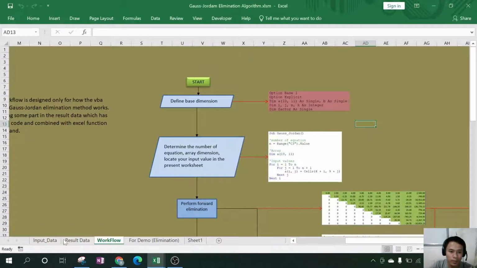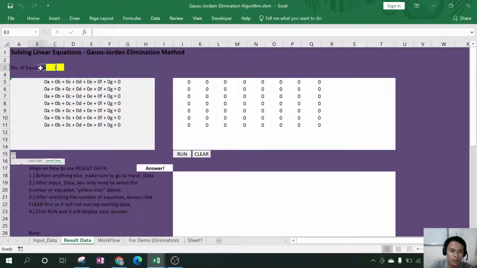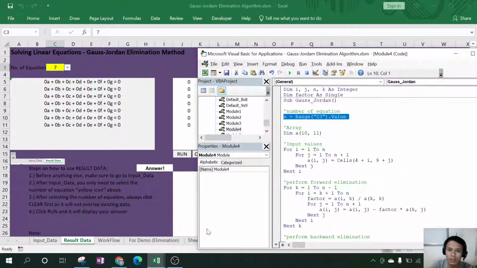Let's go back to our result data. So here, as you can see, this is C3. You can notice here that the n value is equal to the range, this cell C3, which is here.